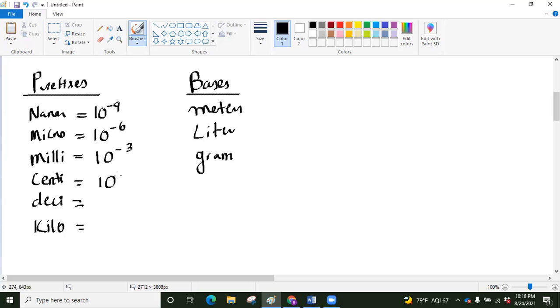And then it's 10 to the -2 for centi. And for deci, it's 10 to the -1. And for kilo, it's 10 to the +3. And so the idea is that you can attach any one of these prefixes to any one of these bases.